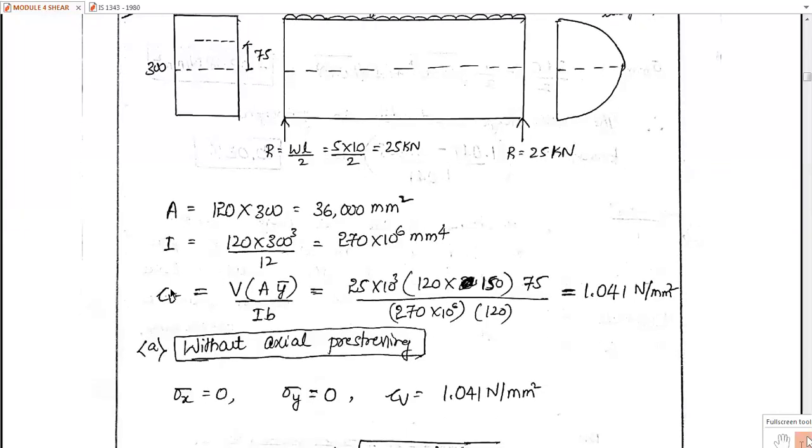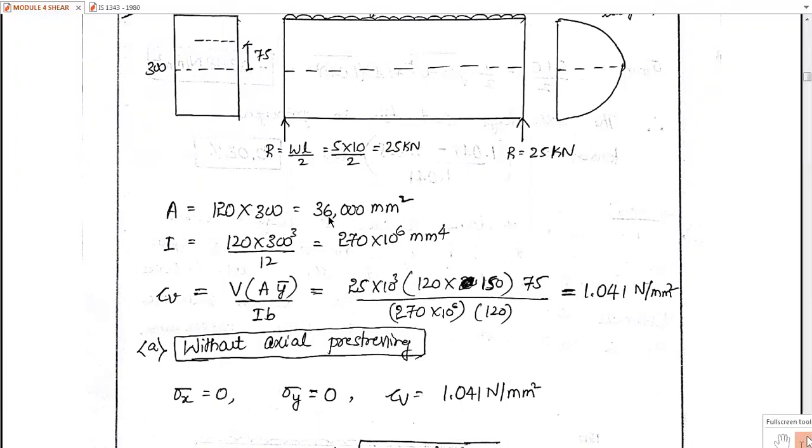Now we have to calculate the shear stress. Tau is equal to V into A Y bar divided by I B. Now listen here, it is very important. V, that is the shear force. You can calculate the shear force here, 25 kilonewton. If you substitute in terms of Newton, that will be 25 into 10 raised to 3. A into Y bar, that is the first moment of area.